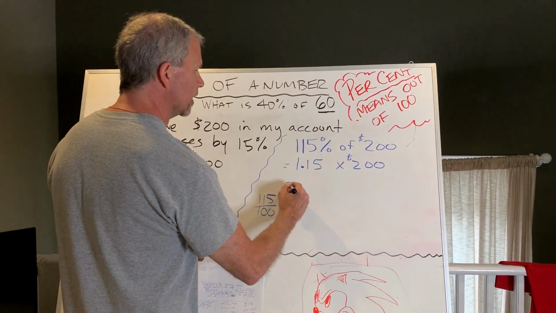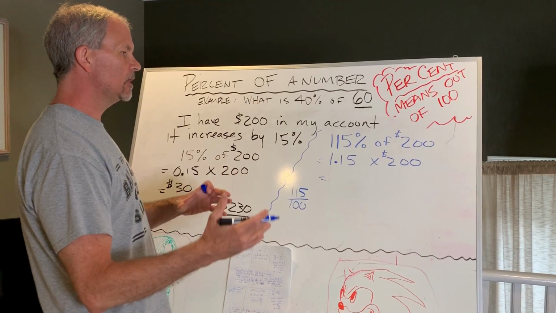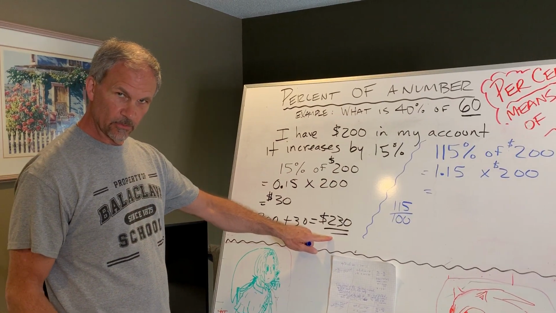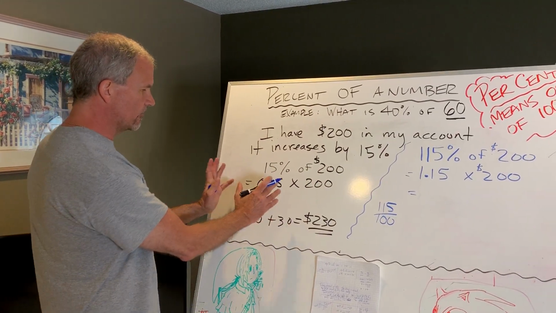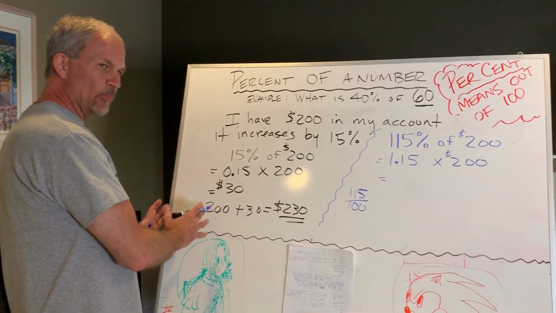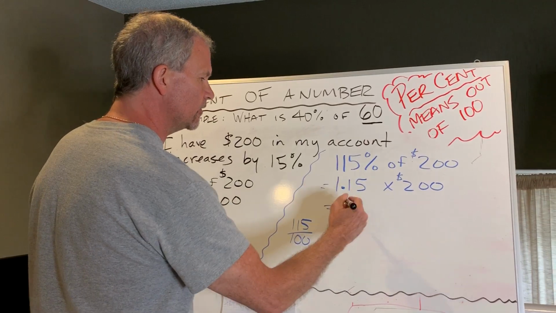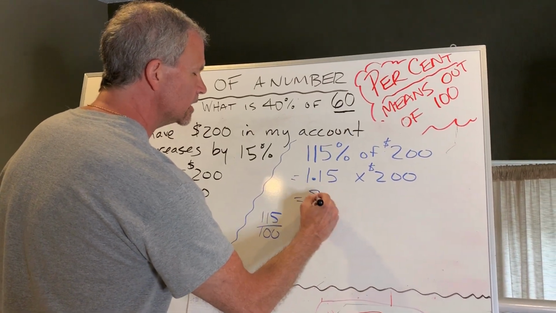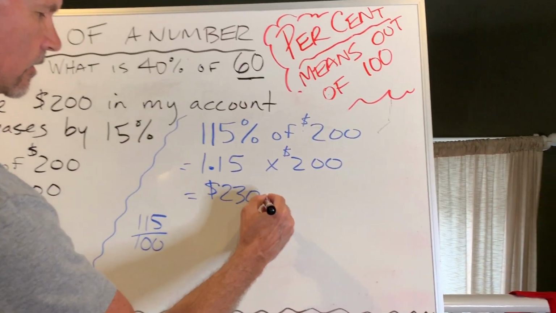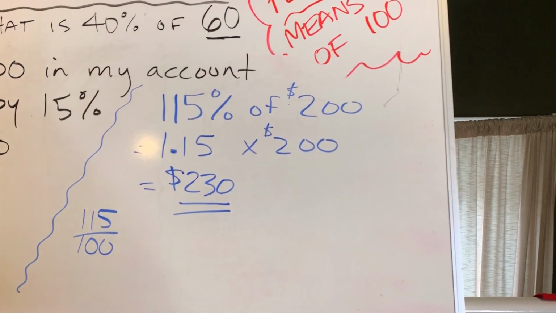Okay? When I multiply that, it's going to take me right to my last step. I get out of finding out what 30 is, adding it back to the original, getting to the total. 115% of 200 is going to be 230. Exactly, right off the bat.